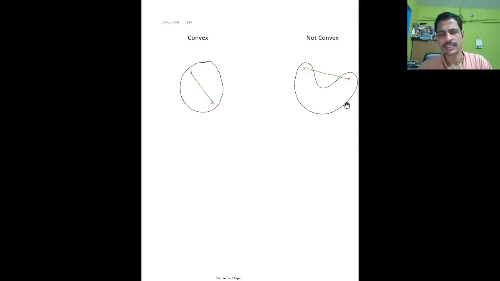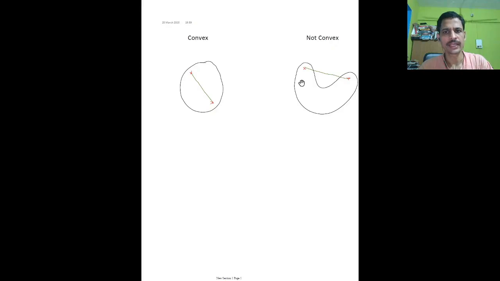Now consider the next region, which is on the right hand side. Consider the region that is enclosed by this curve. In this region, if we take any 2 points, it is not always necessary that the line joining the 2 points lies inside the region.